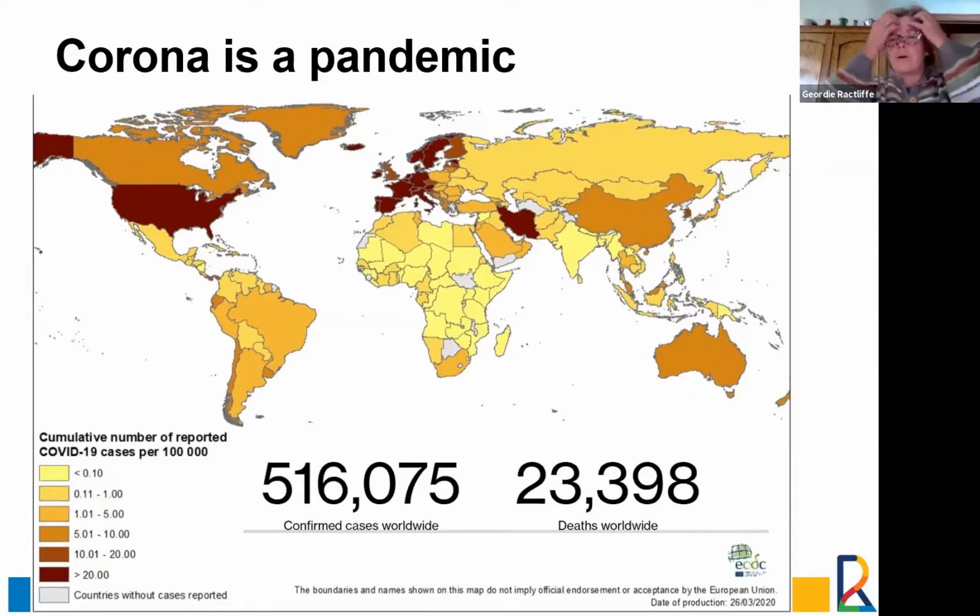I think most of us know how it spreads. The virus spreads by being in little droplets, so it's not spread by breathing. It is spread in droplets that come out of an infected person's mucous membranes.